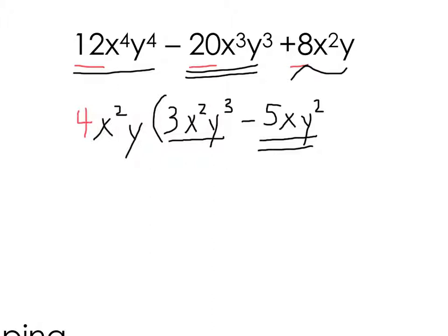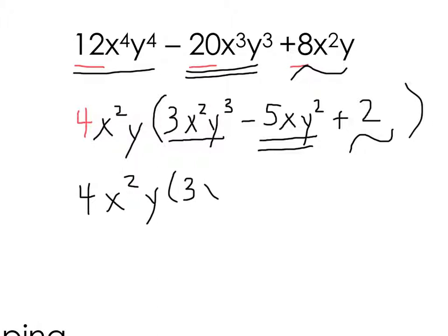Finally, we need to put something here so that when we multiply, we get 8x squared y. 4 times what will give you 8? 2. X squared y, we already have those, so that's it. This is our complete answer. I'll write it without all the colors and the lines.